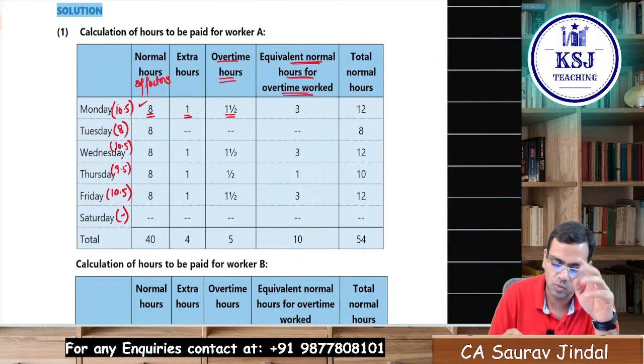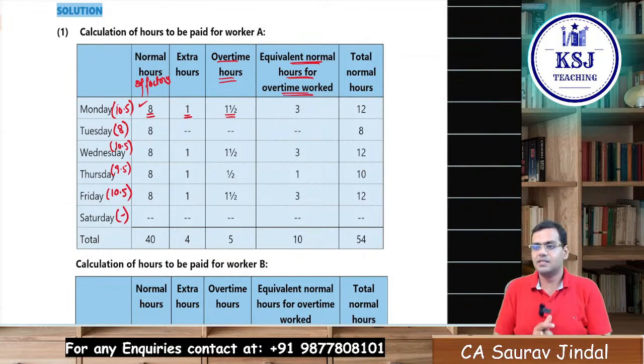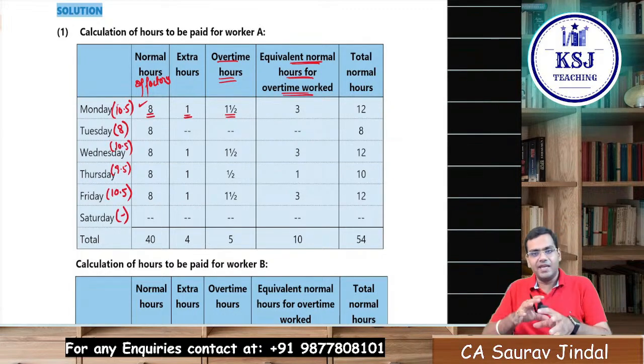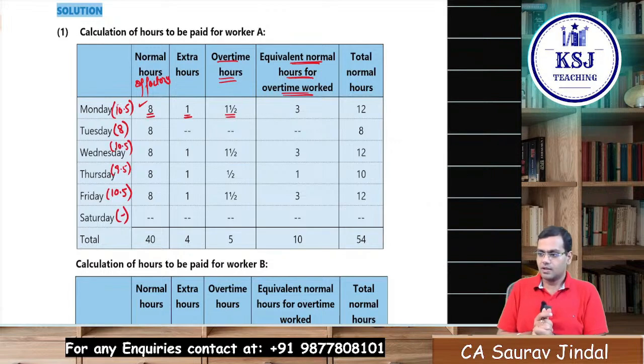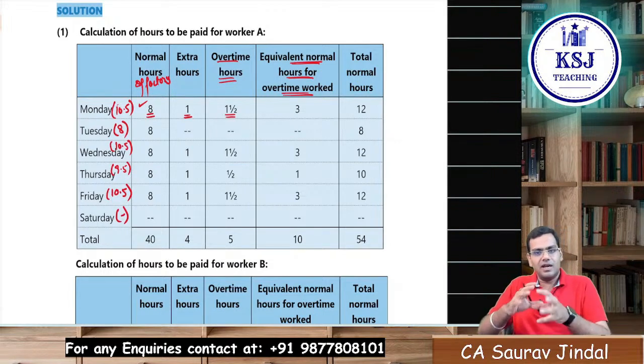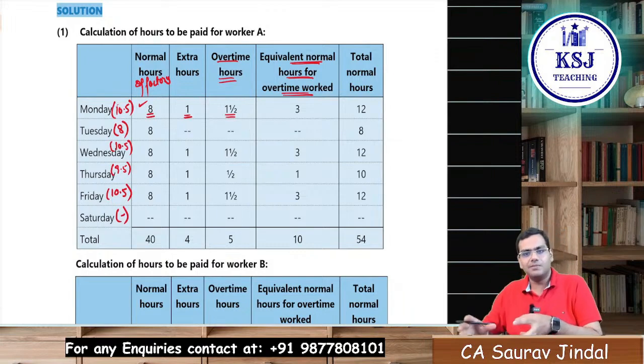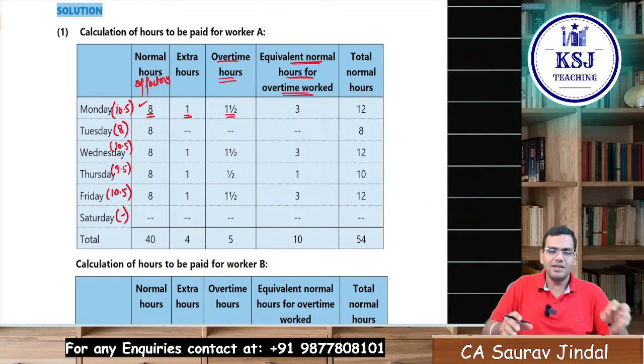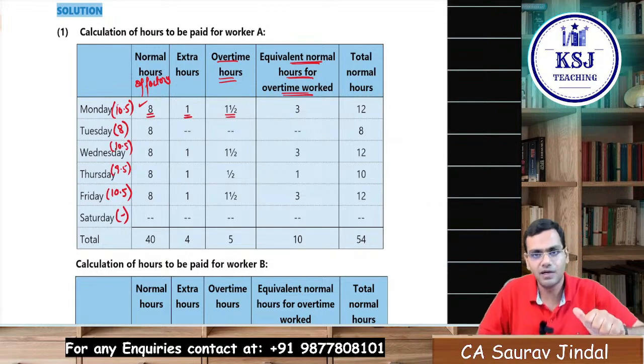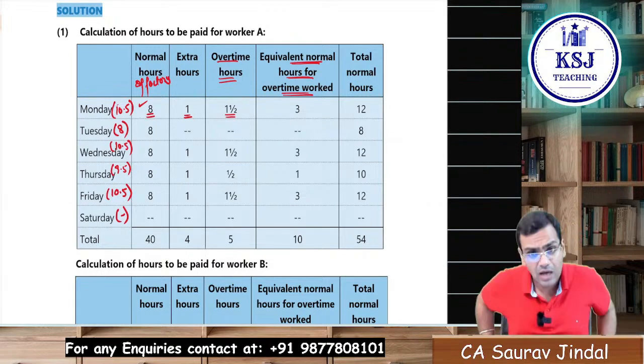Now the next step, very important, is the equivalent normal hours for the overtime worked. It will be difficult to manage overtime separately and normal wage rate separately. So let's convert overtime into normal time.